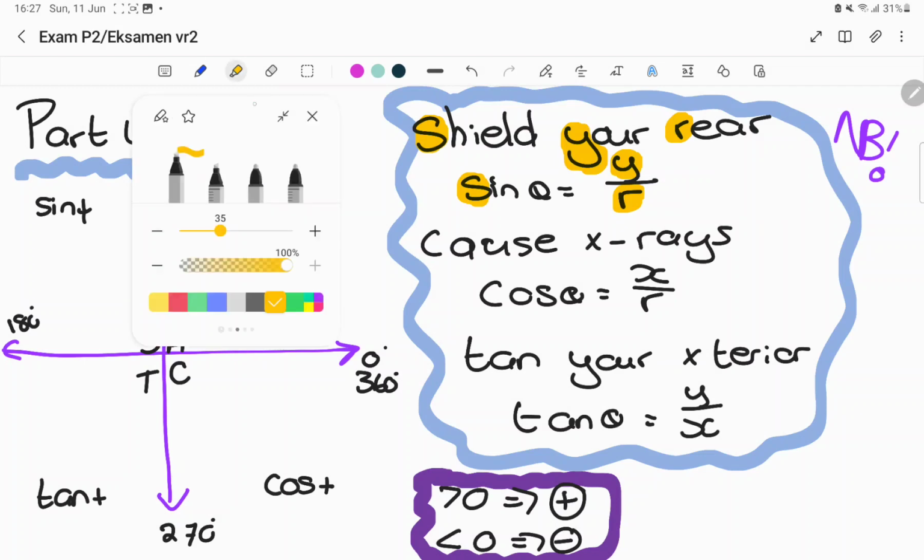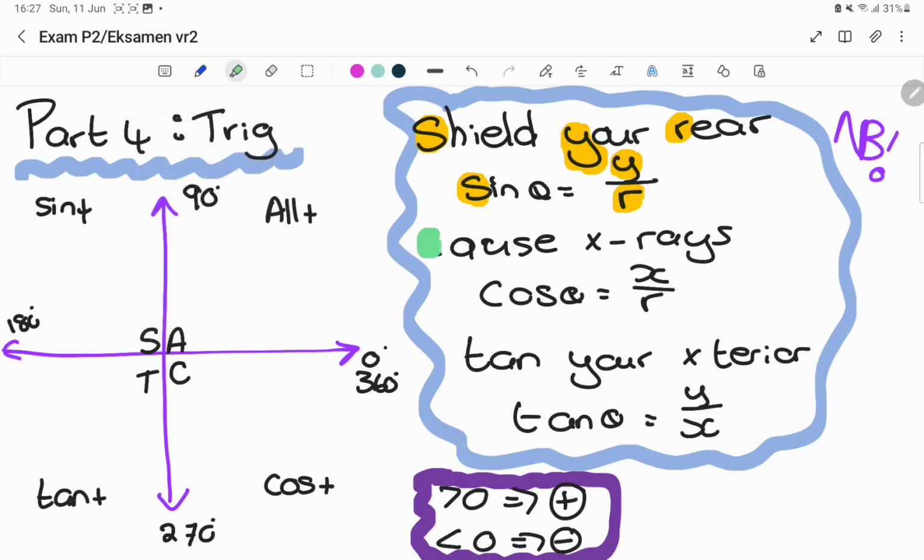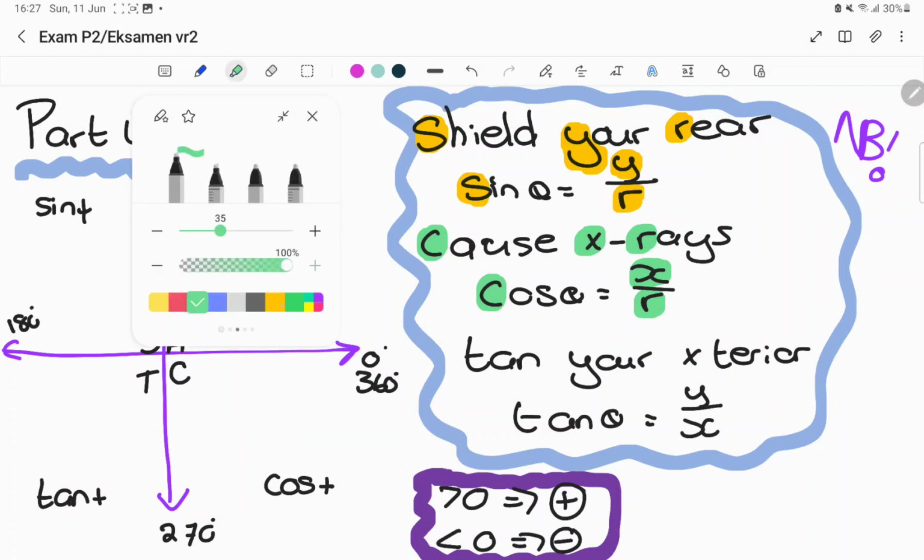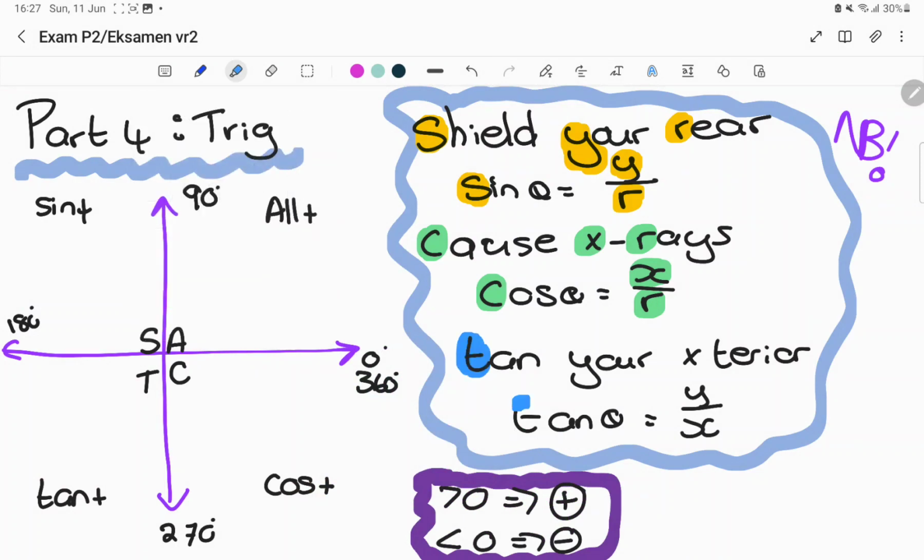Cos x-rays: the C goes for cos, your x over your r value, x over r. And then tan, your exterior, will be y over x. If you go and study this, you will not forget it again.